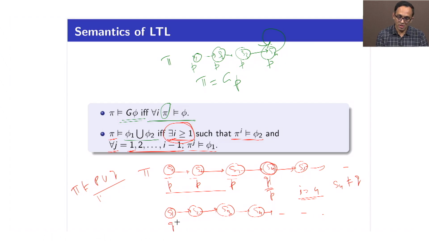So, Q holds in S1, and this is say pi 1. Then also pi 1 satisfies P until Q. This is very important to note, because my objective is to check the state where Q holds, and all previous states P must hold. But if Q holds even in the first state, then also I will say P until Q holds.